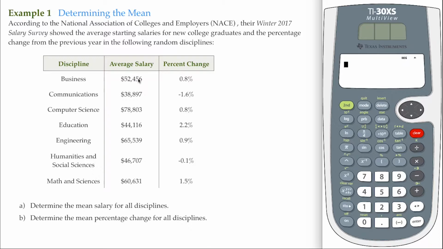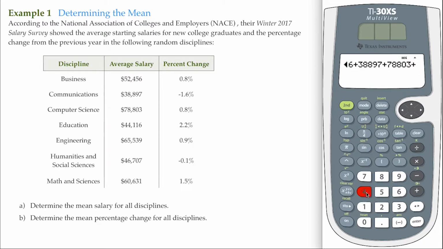But for right now, we're going to add all these values up. So I'm just going to type them into the calculator here. We have $52,456 for the business, and then we just add that to the $38,897, add that to $78,803, and we do that for each one.